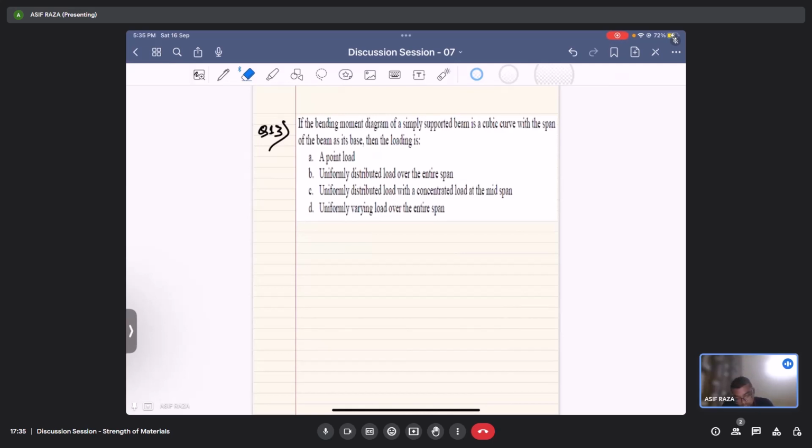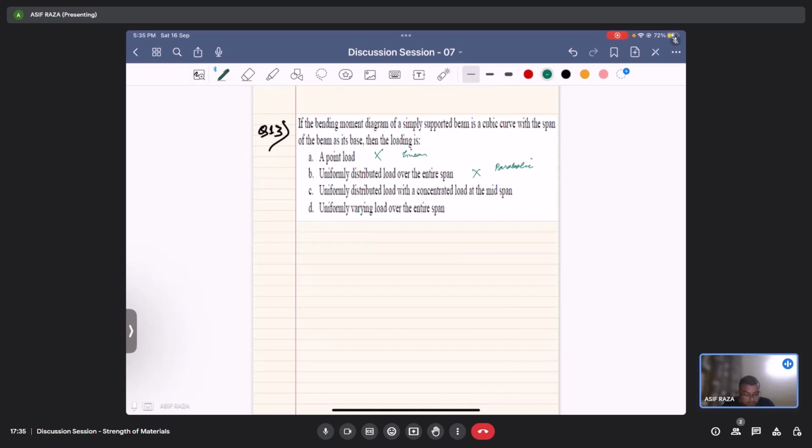So option A is wrong. Uniformly distributed load over the entire span, because this is linear. Okay, this is also wrong because it's quadratic or parabolic. Uniformly distributed load with a concentrated load at the span.